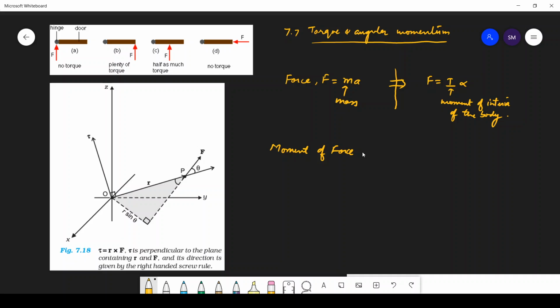So moment of force is the same as torque, so you can call it torque also. More prominently we use the word torque, and that's the symbol for torque, and that's equal to R cross F.